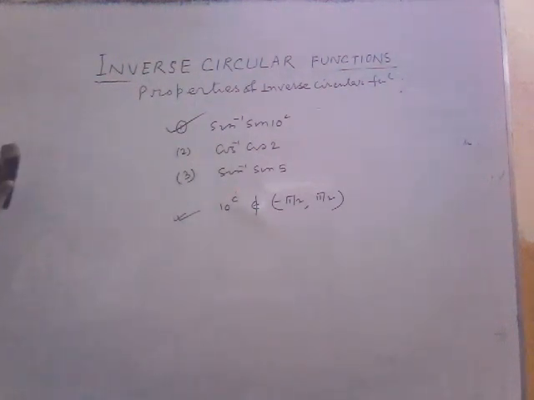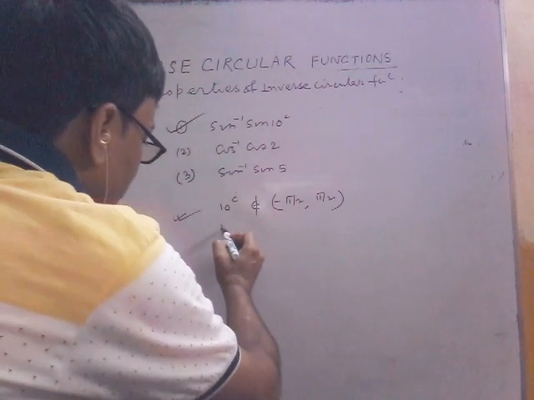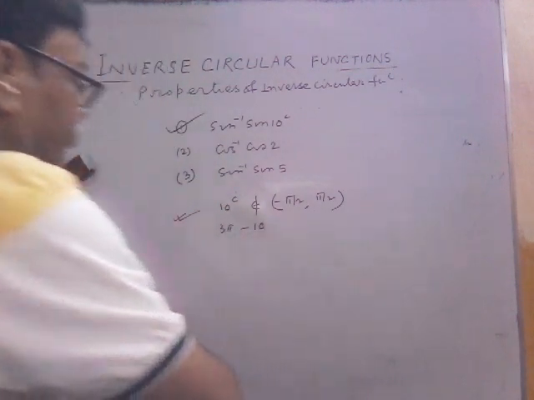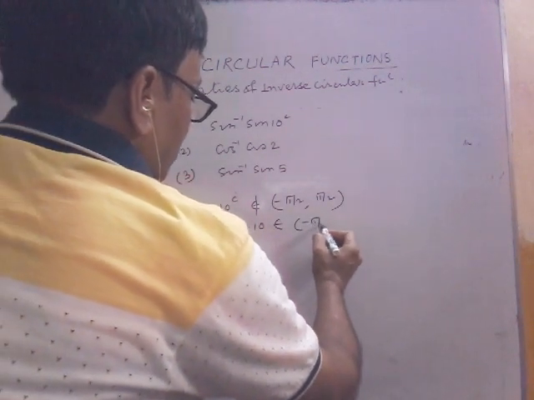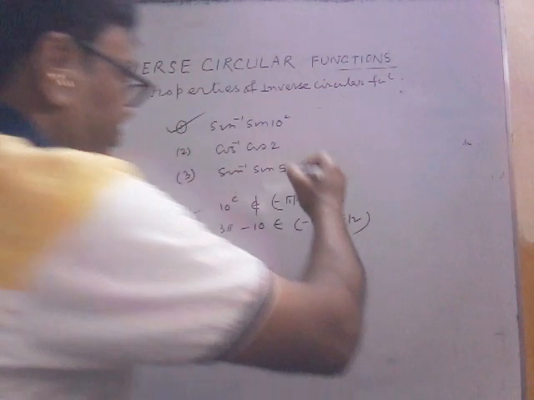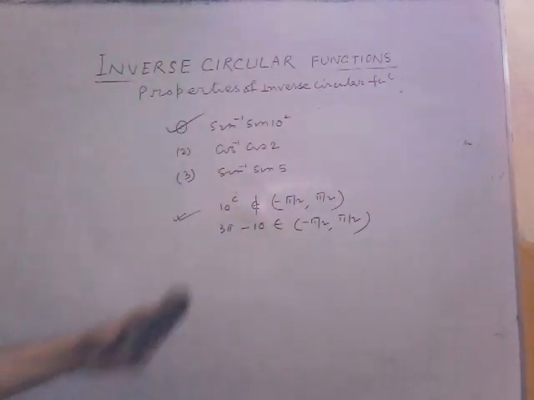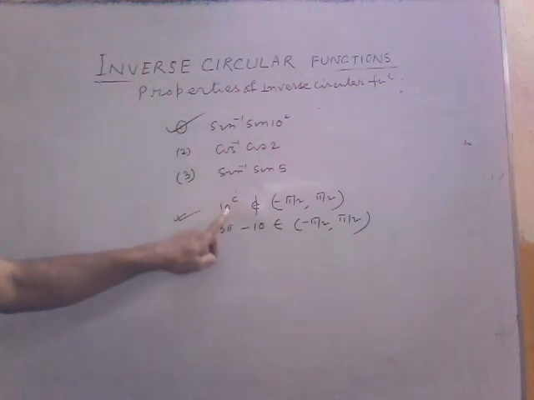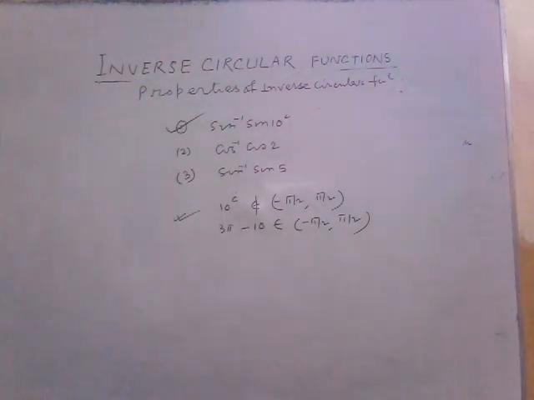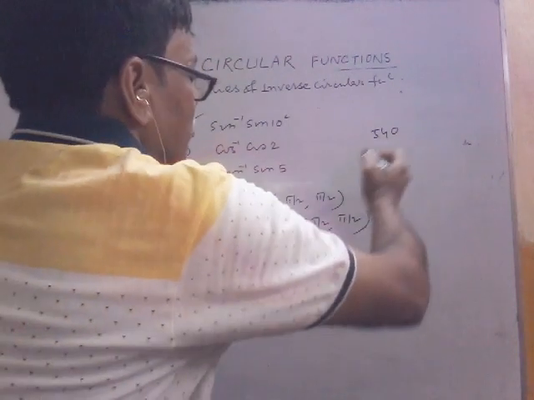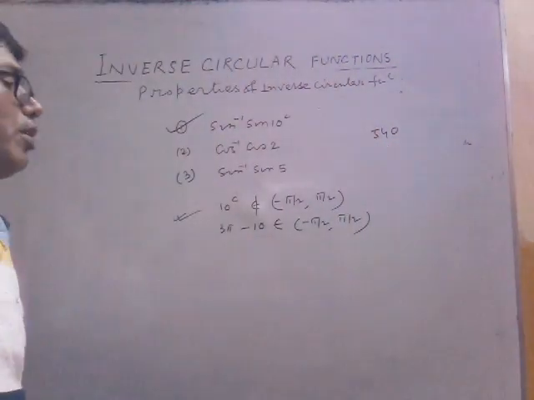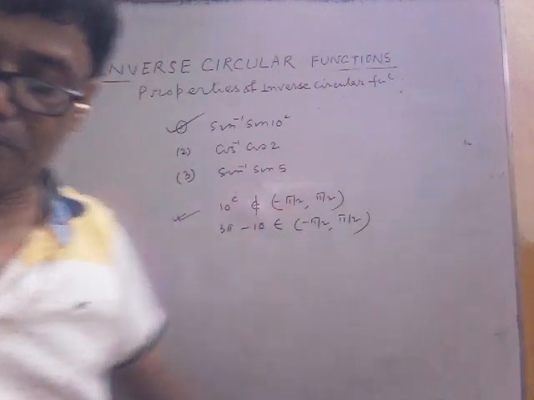Now look, 3 pi minus 10 belongs to minus pi by 2 to plus pi by 2, because 3 into pi, 180 into 3, is 540, and this one is 570. The difference belongs to the principal value.